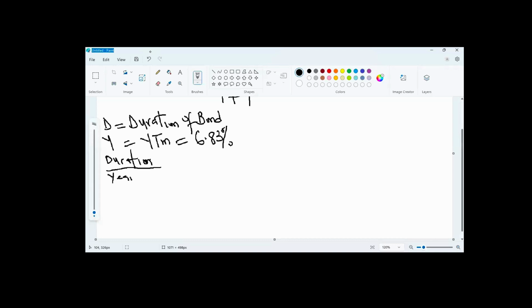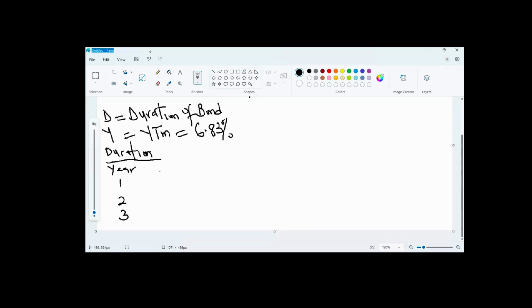So you pick your year 1, year 2, year 3. Now pick your cash flow, 90 naira in year 1, 90 naira in year 2, 1090 in year 3. Please note, when calculating duration, you don't require year 0.